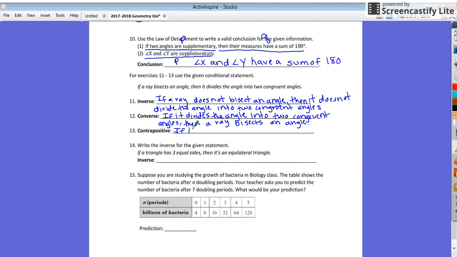So if it does not divide an angle into two congruent angles, then a ray does not bisect an angle.